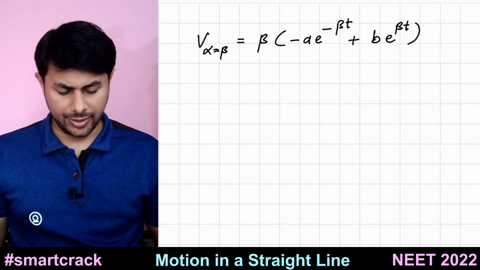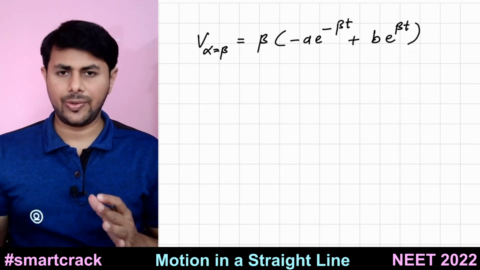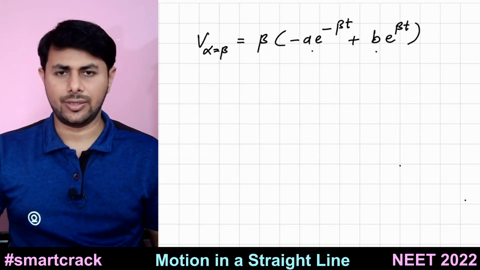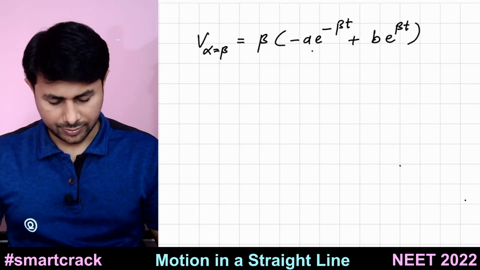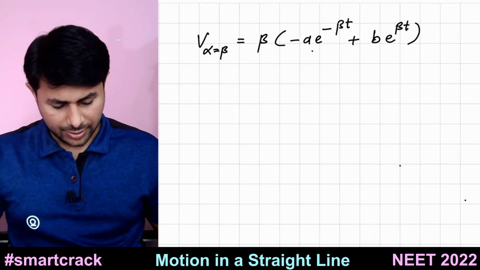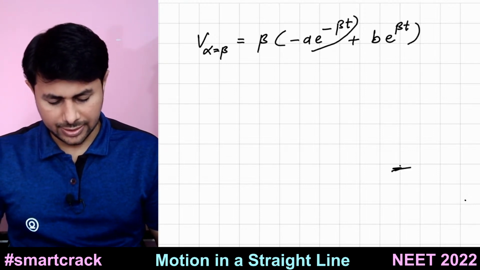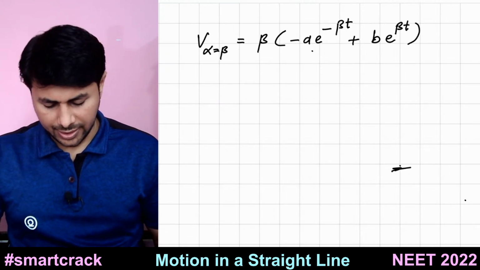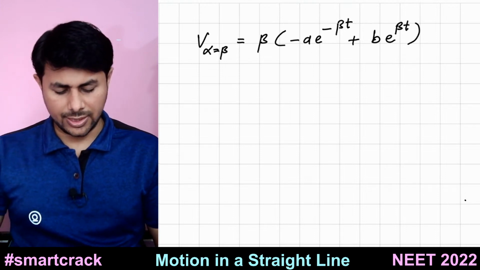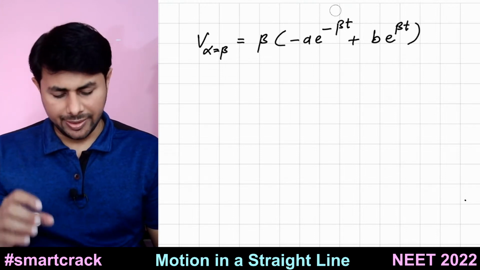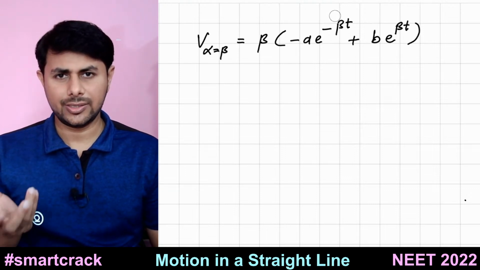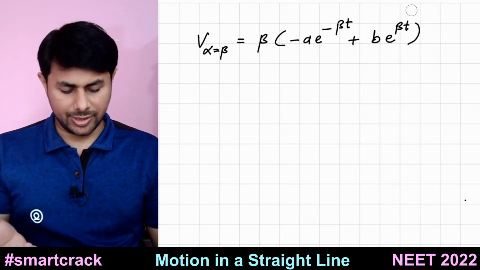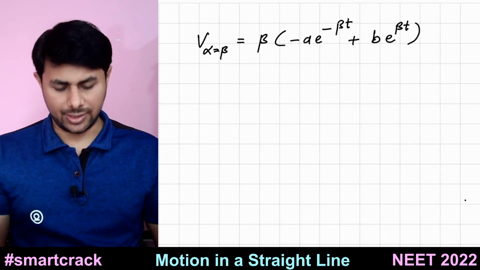Obviously not, because even if alpha is equal to beta, it depends on the values of a and b, and even if those two values are equal, one of these terms is decreasing and the other term is increasing. Considering beta is positive, what will be the minimum value of this term? It will be 0. As t goes on increasing, what will happen?